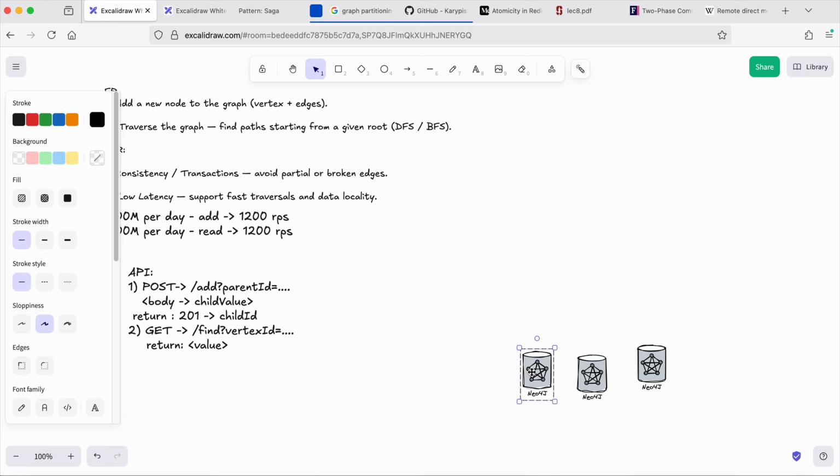Instead of storing data in relational tables as popular relational databases do, it stores the data as nodes and relationships between them.